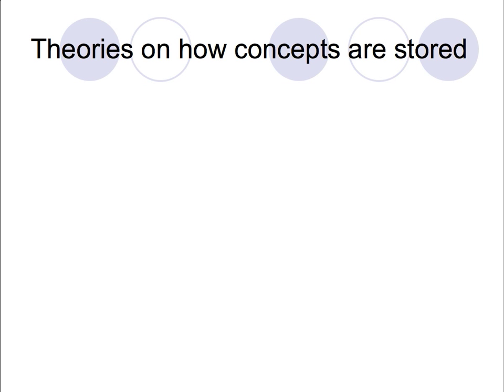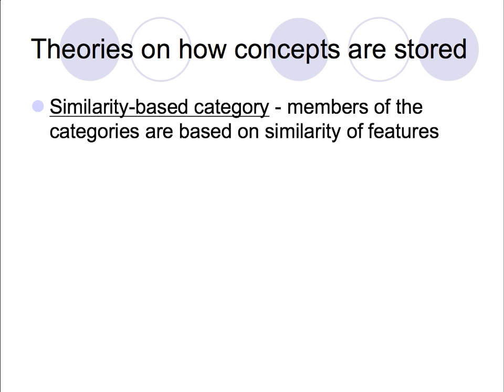There are a couple of ideas on how concepts and knowledge can be stored. One is based on similarity. The idea behind similarity-based categories is that members of categories are based on similarities of features. Let's say you're thinking about birds.